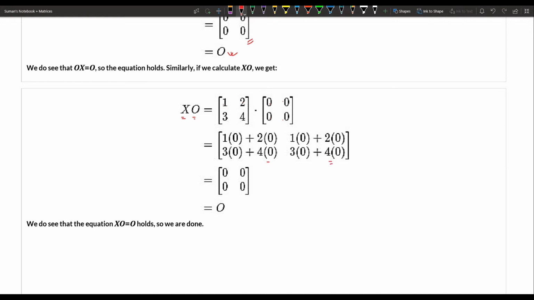So we are getting the null matrix. That proves that OX is equal to XO, both giving the null matrix. So any matrix multiplied with the null matrix gives a null matrix.